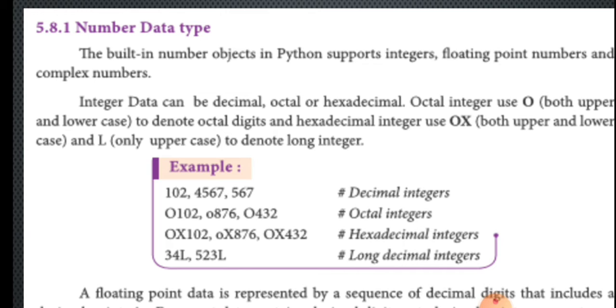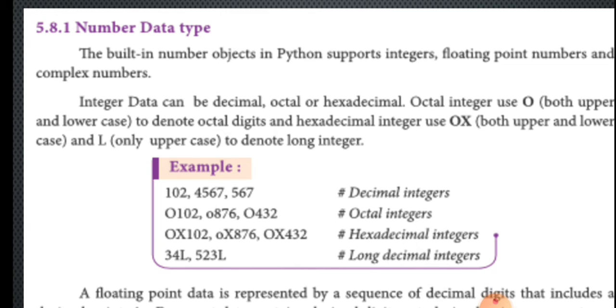Now you can see examples of each kind of integer. Numbers like 102, 4567, 567 are known as decimal integers. If you are writing a normal number, with digits between 0 and 9, it is a decimal integer. There is no prefix symbol, so we just write the number sequence. See this example, 4567, all numeric digits.